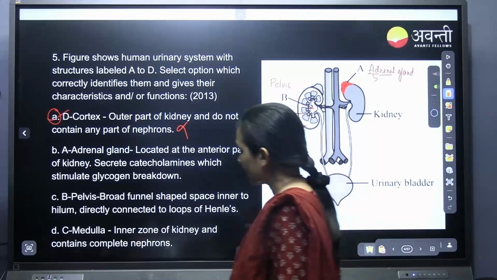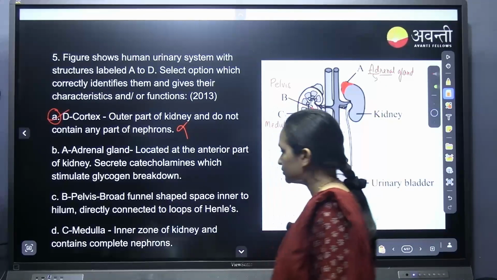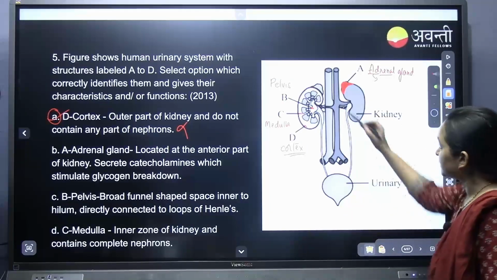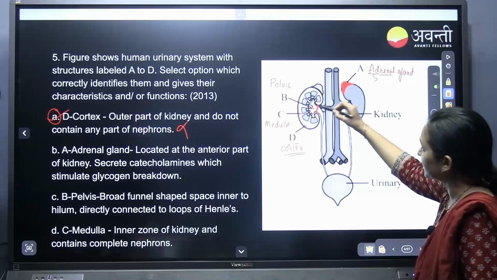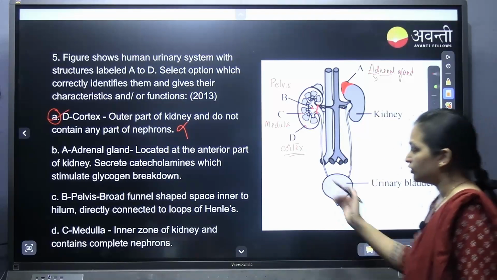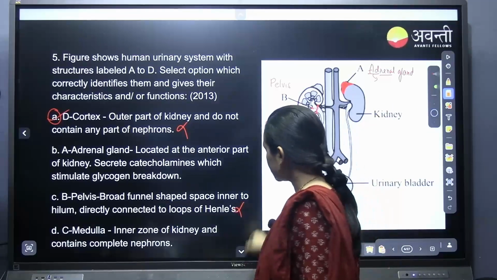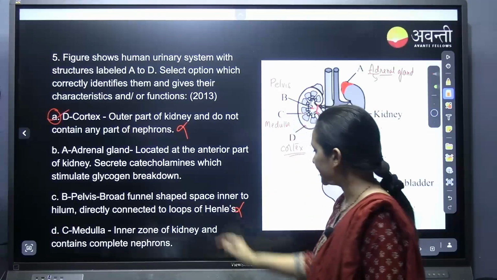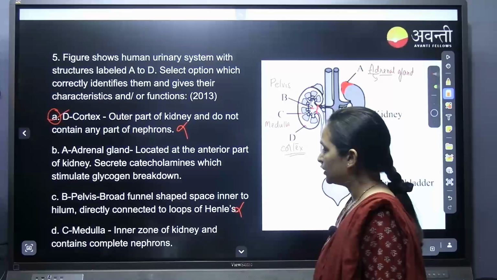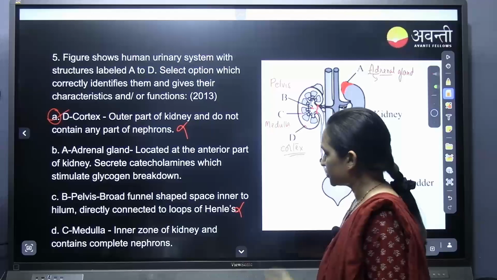Yes. And B is pelvis, a broad funnel shaped space inner to the hilum. Yes, this part is hilum, starting this part is hilum, inner to the hilum. Directly connected to loops of Henle? No. Loop of Henle is in the medullary pyramid. It doesn't even come near to the pelvis. So this is wrong.